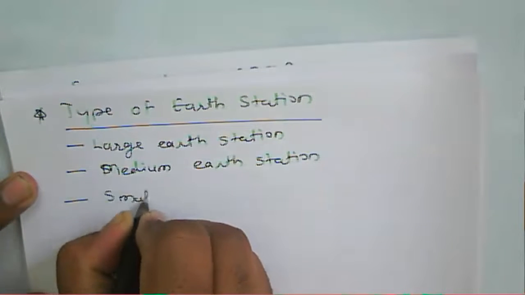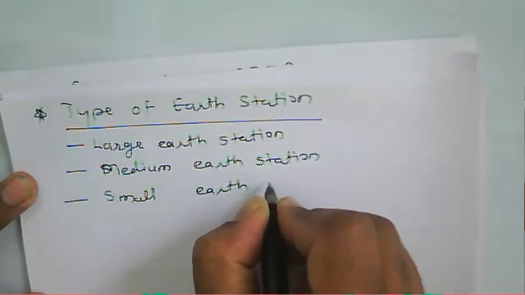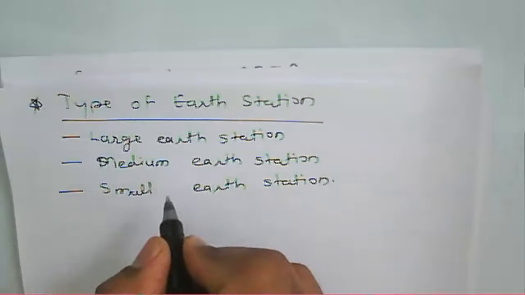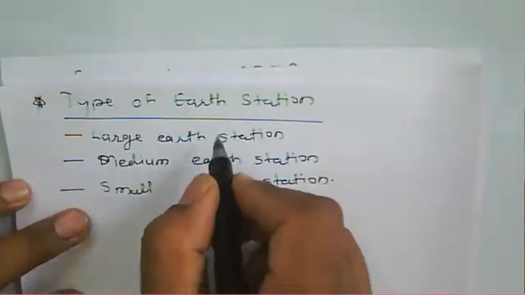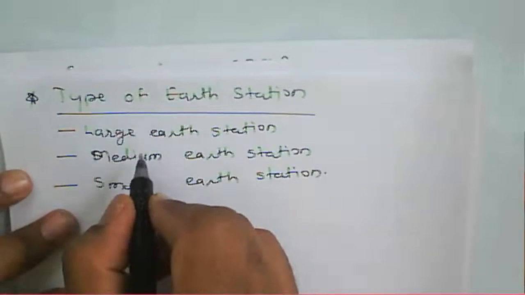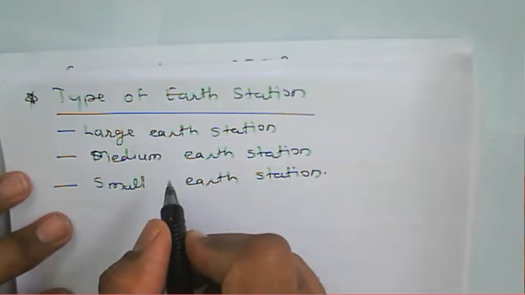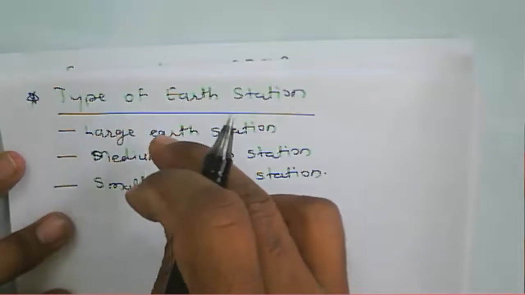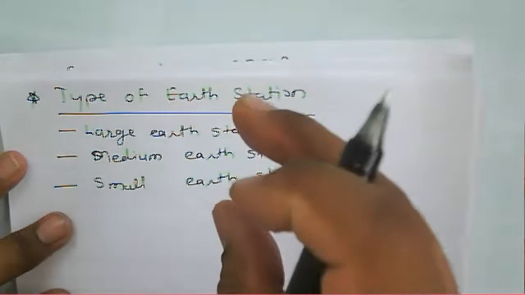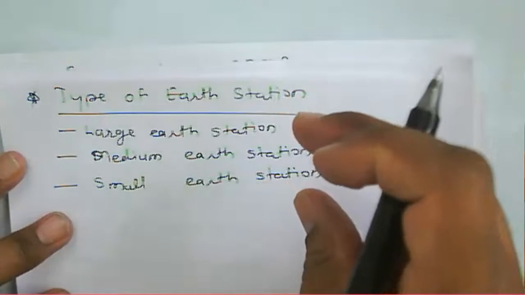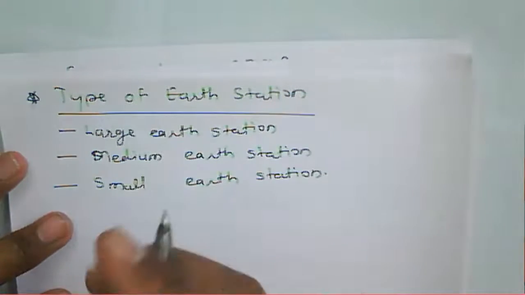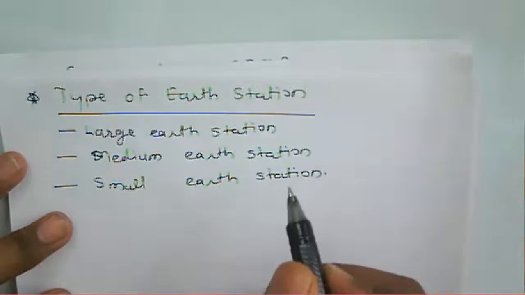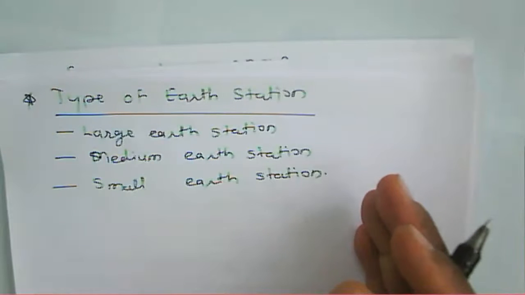If the antenna size is small, then we say it is a small earth station. Now these are the types of earth station based on the size of the antenna. Now that size of the antenna is again considered for the number of users or the traffic handling.